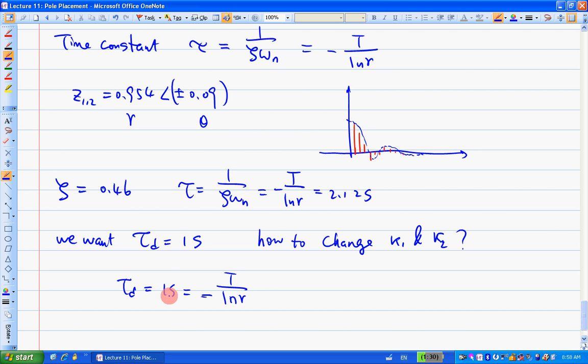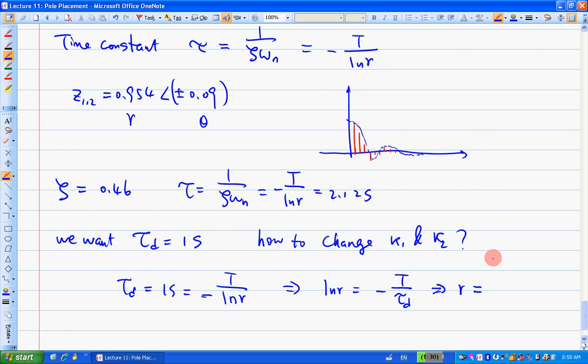The time constant is 1 second, which means ln R equals negative T over tau d. So you can solve for R now.